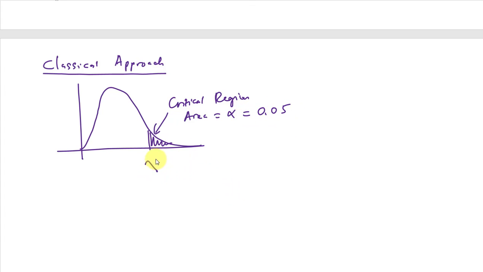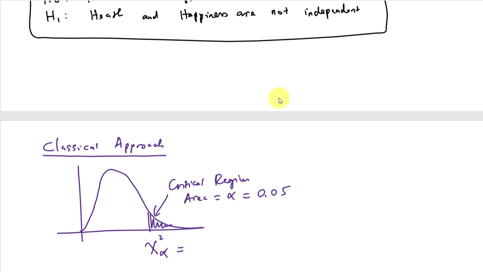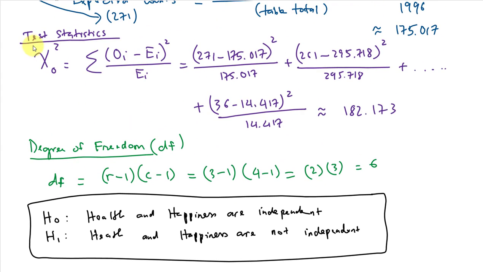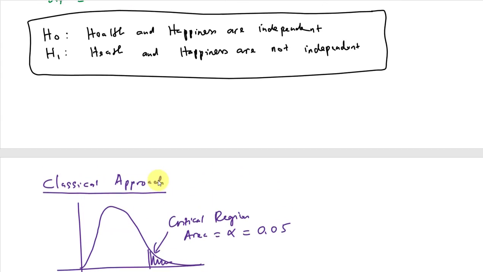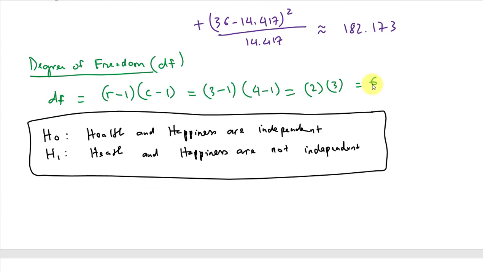We need to find the critical value, the chi-square of alpha, and compare the value of the test statistic with the critical value. First, I need to find this value. Alpha is 0.05, so you are looking for the right area of 0.05 with the degrees of freedom equal to 6.